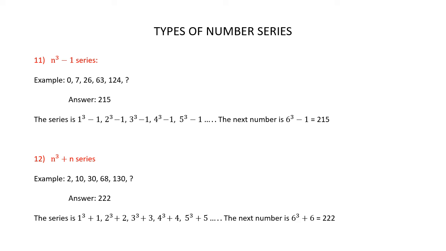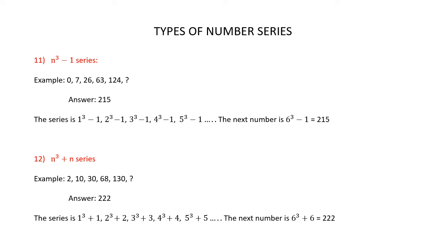So next is n cubed minus 1 series. Let's understand this with an example. Look at this number series: 0, 7, 26, 63, 124, question mark. You have to find the missing number here. When you observe the numbers of this number series, you'll notice that this is an n cubed minus 1 series.